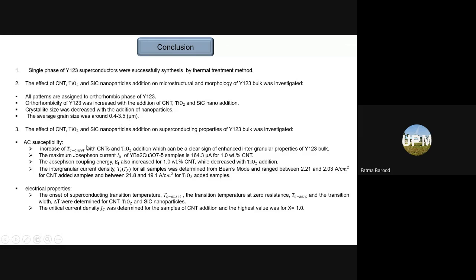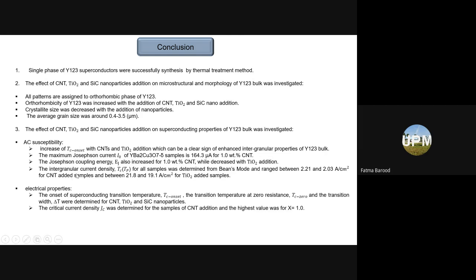Also, the effect of nanoparticles on superconducting properties was investigated. For AC susceptibility, we found the critical temperature increased for carbon nanotube and titanium oxide addition. The maximum Josephson current and Josephson energy were calculated.